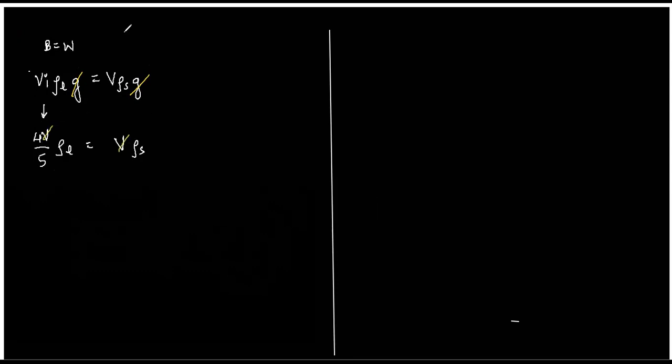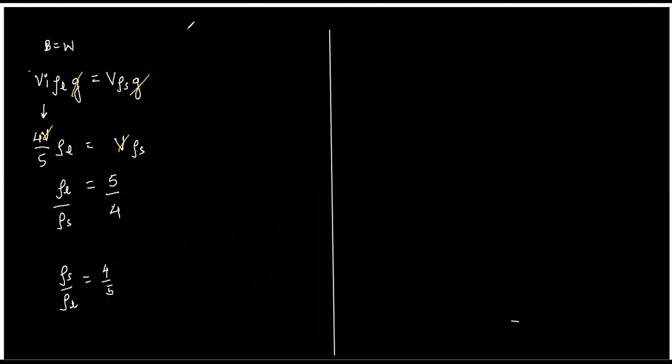Therefore, we get rho L by rho S is equal to 5 by 4. Or you can also write it the other way around: relative density of solid is given as 4 by 5.